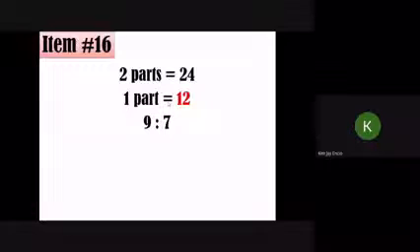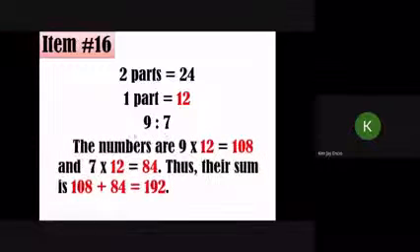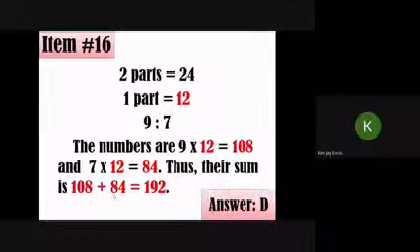The other is 7 parts, and each of the 7 parts here is also 12. Therefore, the numbers are 9 times 12, which is 108, and 7 times 12, which is 84. To get their sum, you add them, 108 plus 84, which gives us 192. It's letter D.